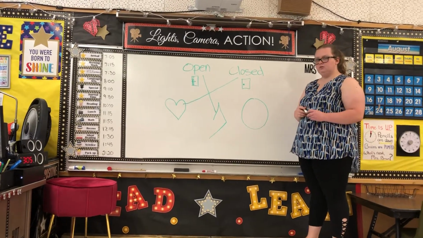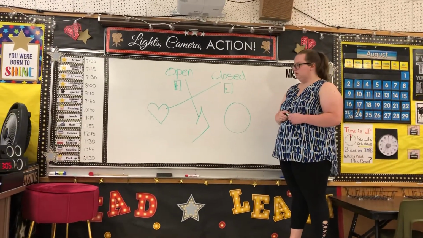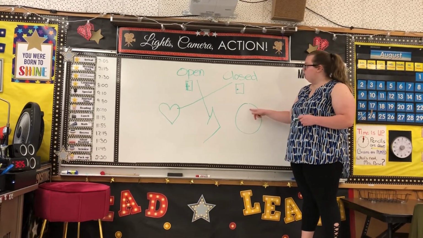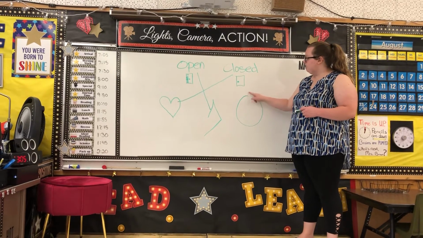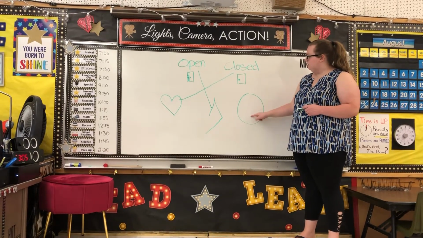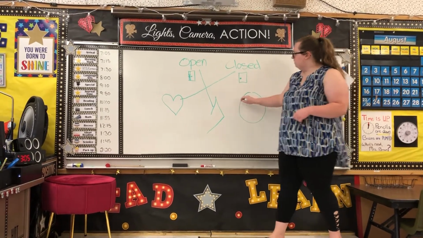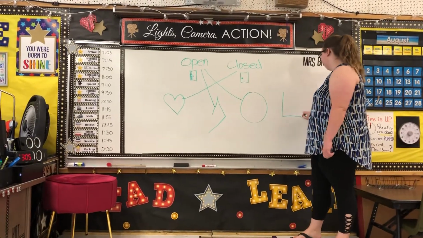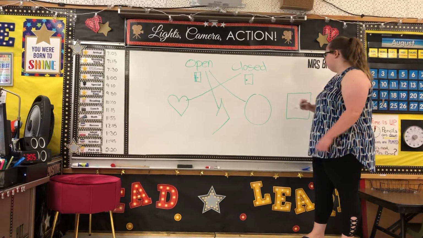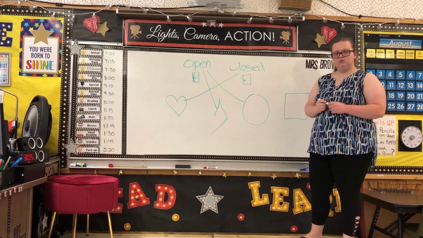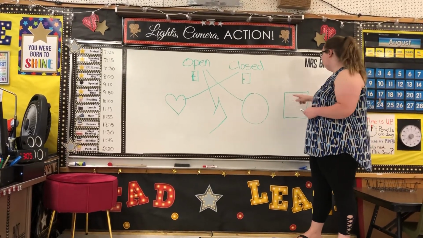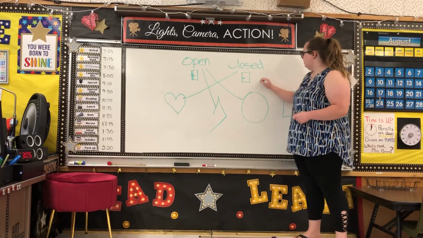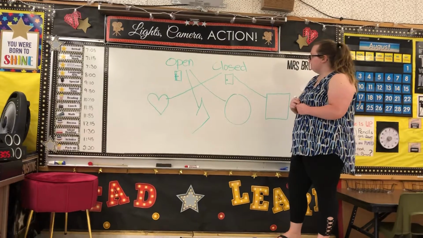Open or closed? It is open, we have an itty bitty space right here. So, since it's open, we're going to draw a line over here. What about this shape? Open or closed? All the doors are closed. So, we're going to draw a line to closed.